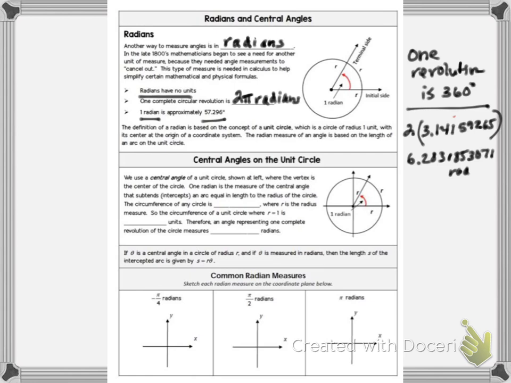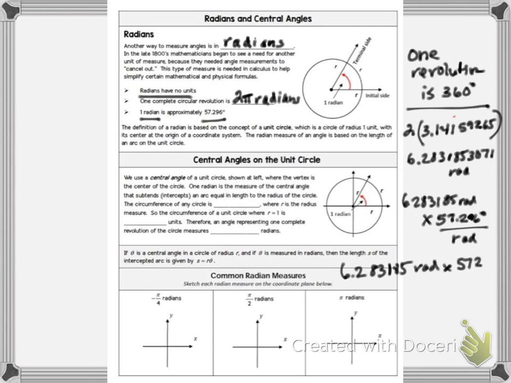And if I do a conversion, let's do 6.2831855. I'm going to stop there. Radians times 57.296 degrees in 1 radian. Let me spread this out. 6.2831855 radians times 57.296 degrees per radian.